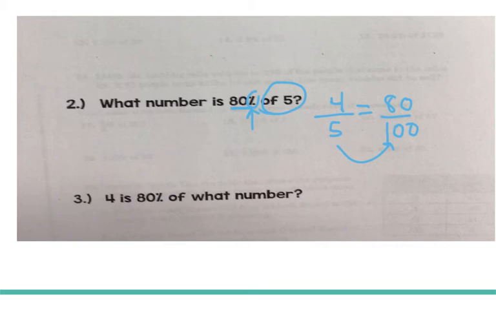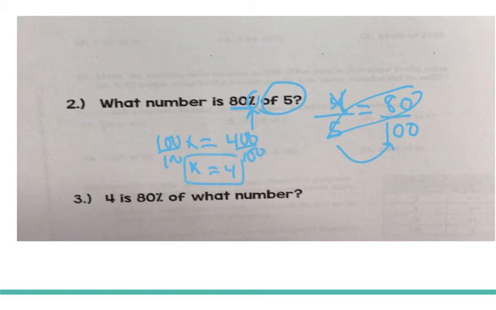You could also, if we didn't know this number, cross multiply. So we would do 100 times x is 100x equals 80 times 5 is 400, and then divide by 100, divide by 100, so x is equal to 4. Okay, that means 4 is 80% of 5.